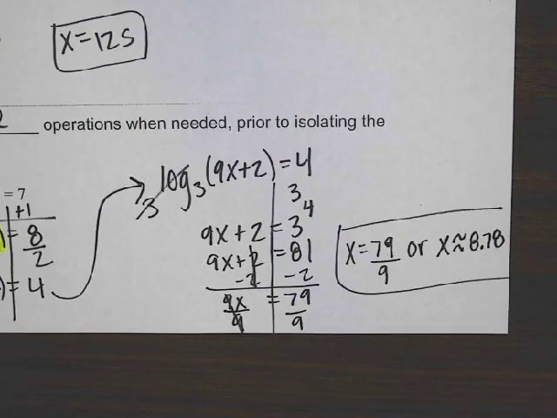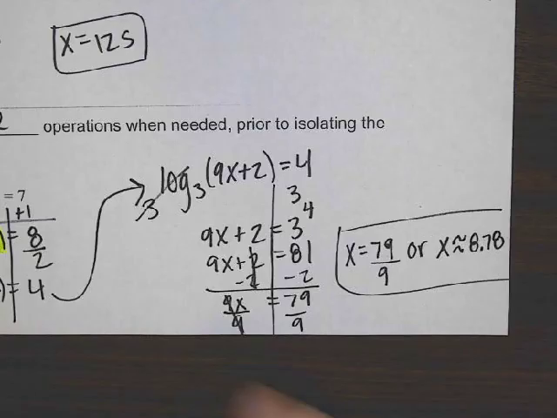All right, so usually with logs we get some crazy numbers. We're gonna go ahead and do another one that's kind of weird like that. I'm just gonna invent one randomly. All right, so let's invent one.